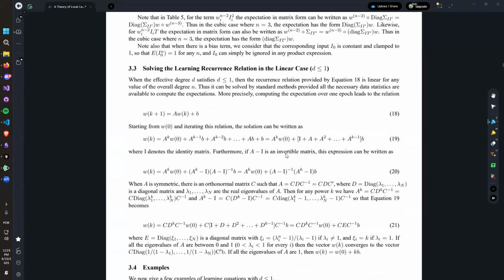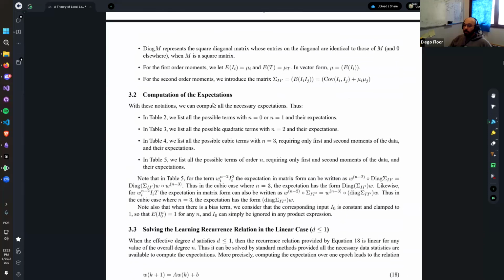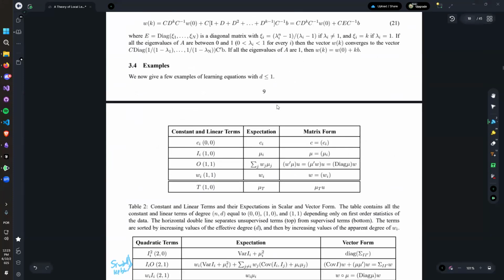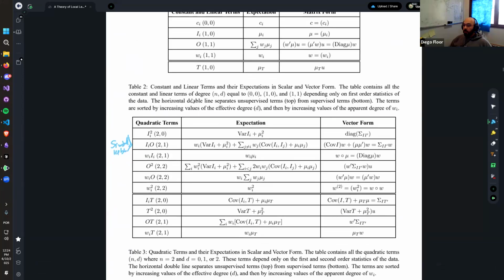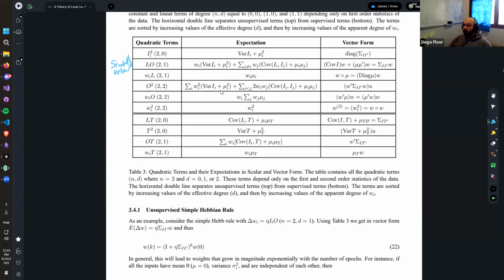And energy is usually local, right, yeah. Okay, so they just go through a few examples of these terms. So they build tables of all possibilities of the constant, and then they have the expectation.